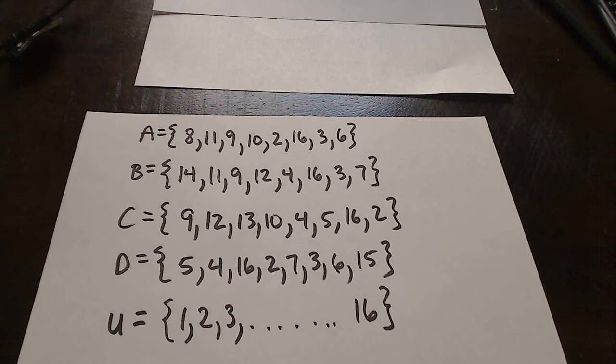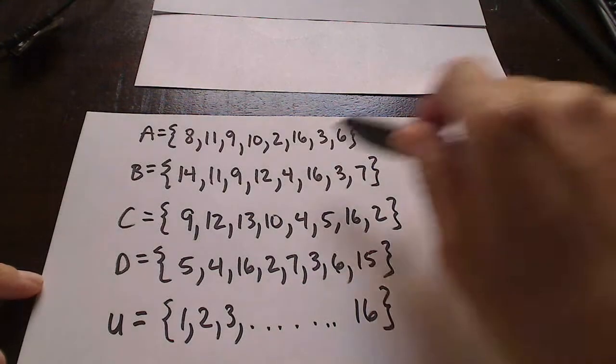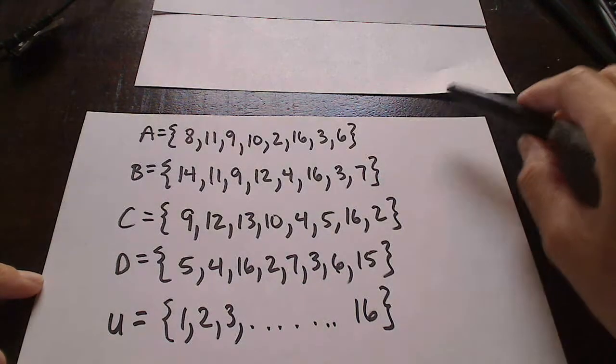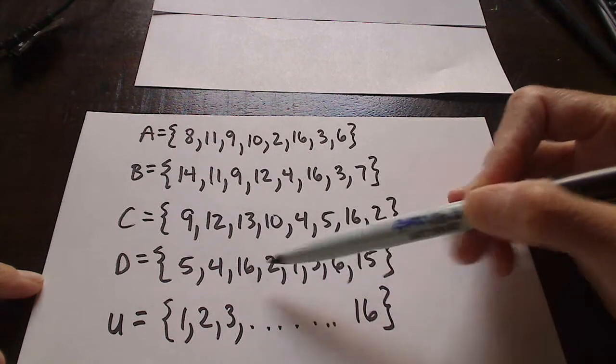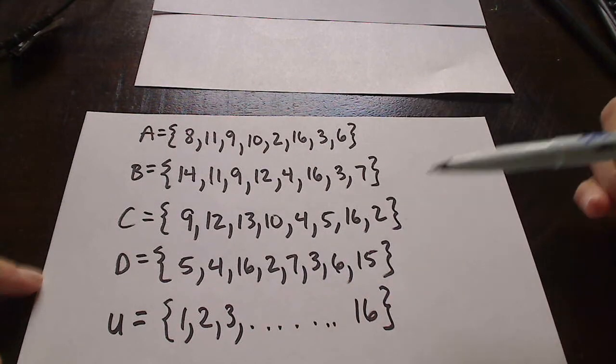So what we're looking for then, remember with intersection, is what elements do they share in common. And if you look at all of these, and we're not looking at the universal set right now, we're just looking at A through D, and compare what do they share in common, you're actually going to see that the thing that they share in common is the 16. And that's it. They don't all share anything else in common.